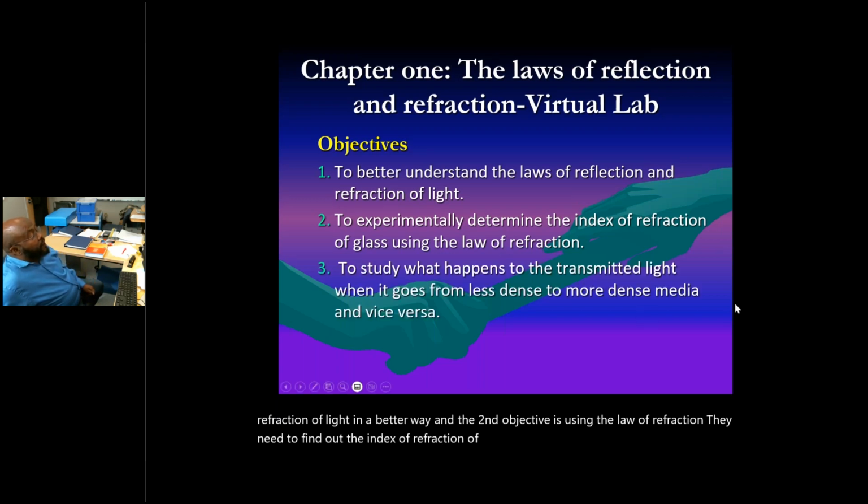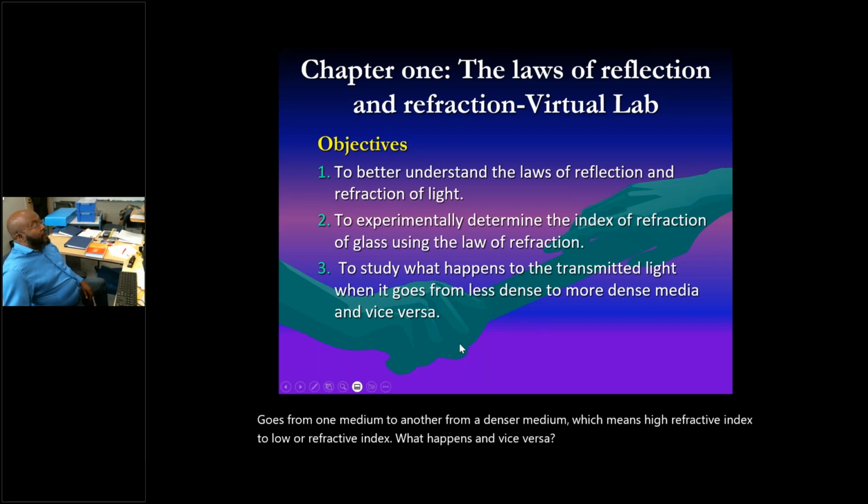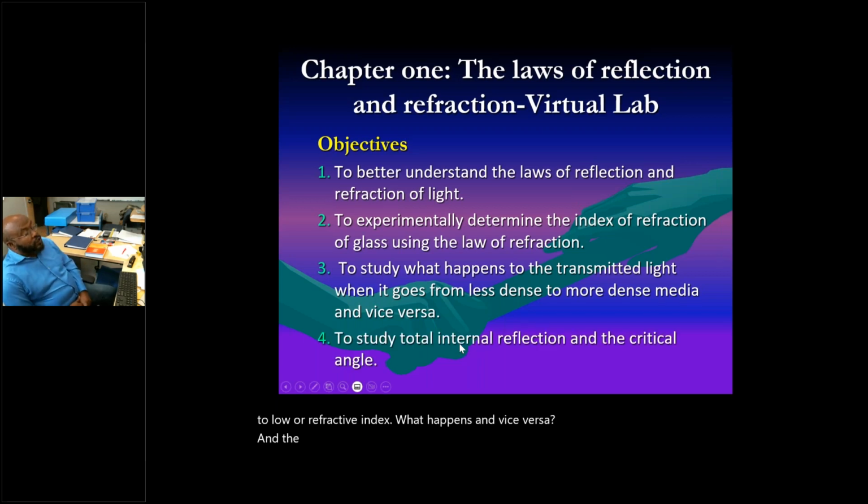The third is to understand what happens when light goes from a denser medium, which means high refractive index, to a low refractive index medium, and vice versa. And the last objective is to study total internal reflection and critical angle.